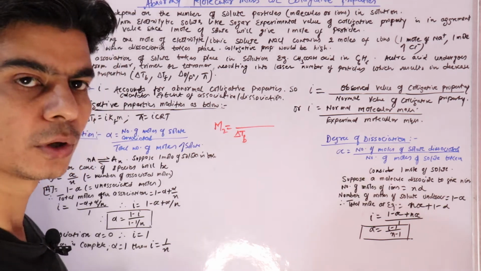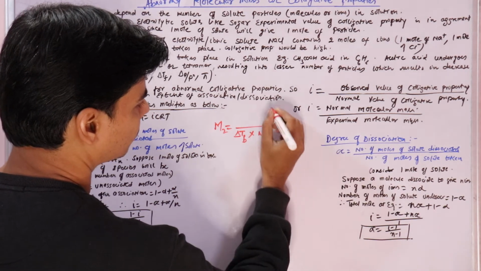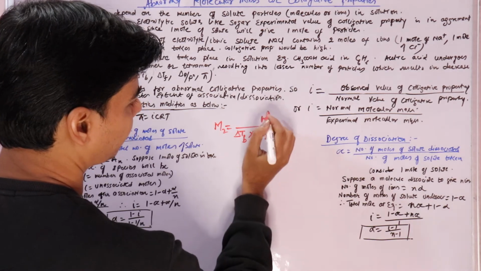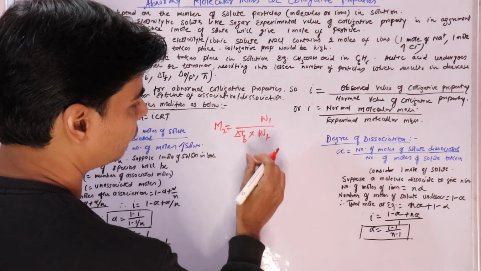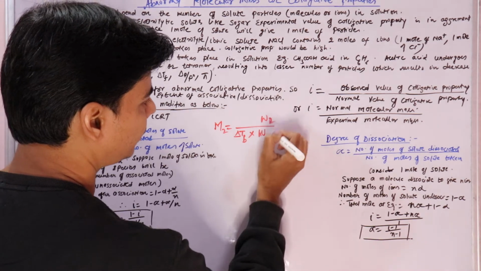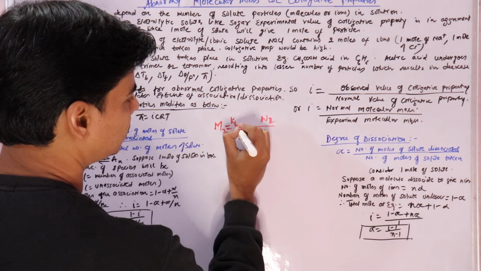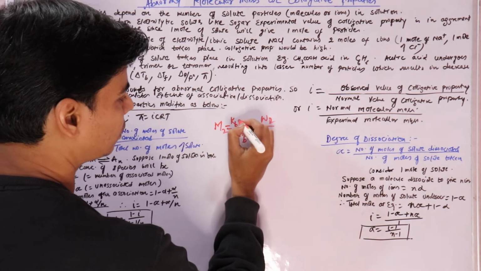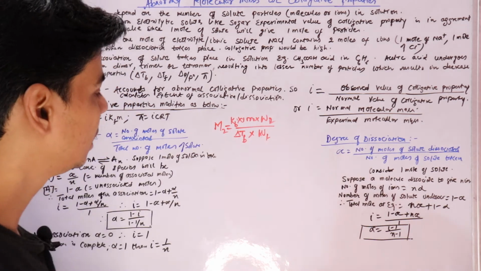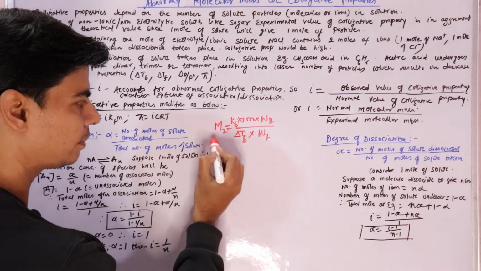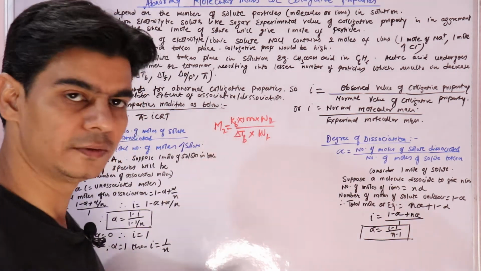Let's take the example of elevation in boiling point: molecular mass of solute equals Kb, the ebullioscopic constant, times weight of solute times 1000, over delta Tb times weight of solvent.